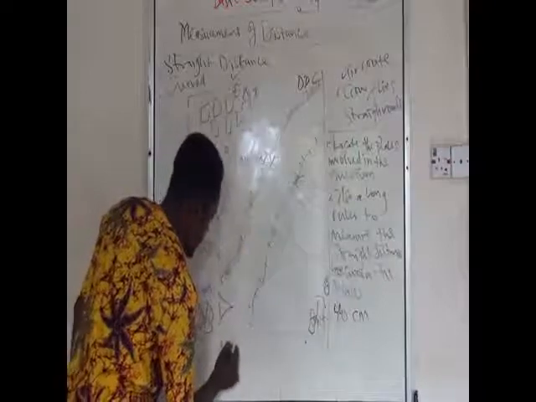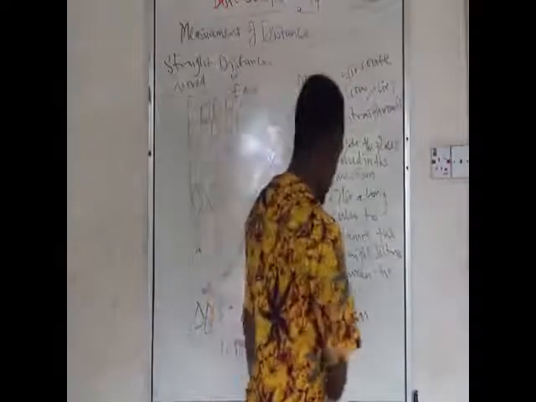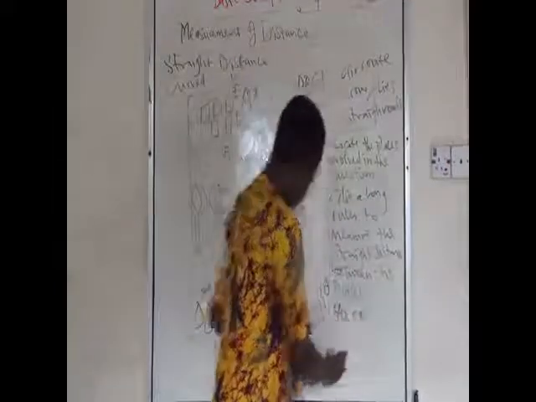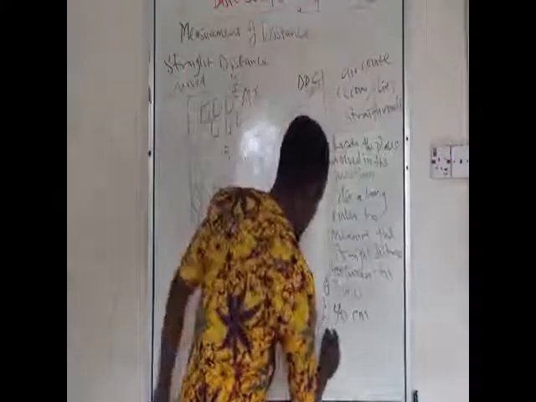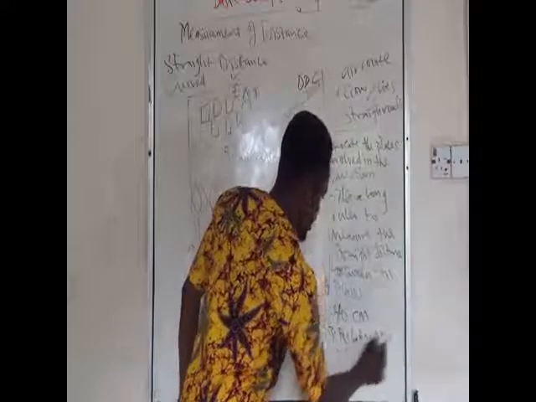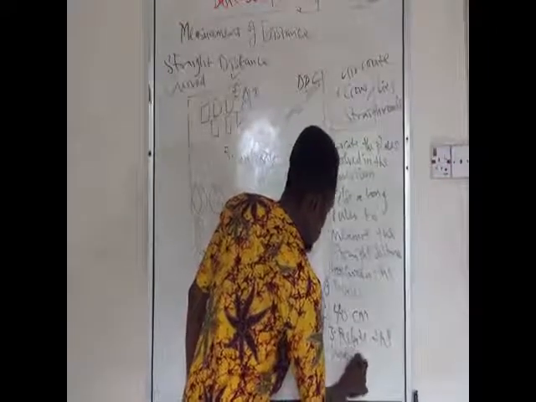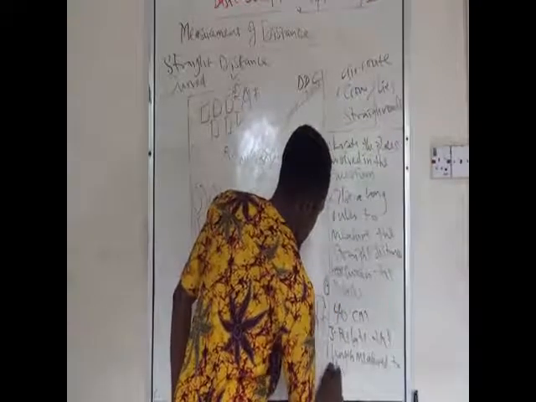Our map scale is 1:50,000. So having gotten 40 centimeters, you have to relate this to the scale. So the third point is relate the length measured to the map scale.